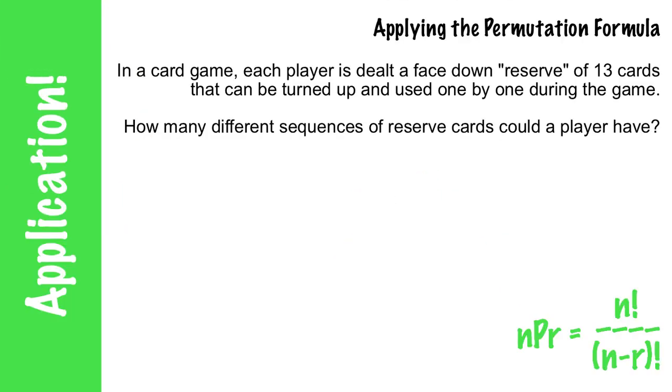Now, applying the permutation formula, it's the same formula we just discussed. In a card game, each player is dealt a face-down reserve of 13 cards that can be turned up and used only once during the game. How many different sequences of reserve cards could a player have?